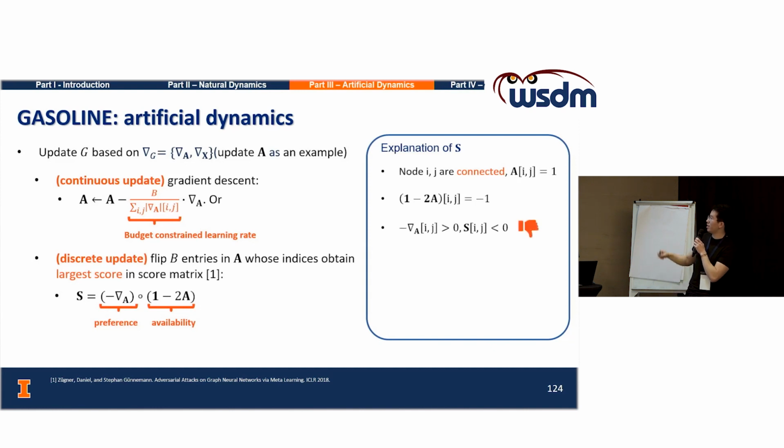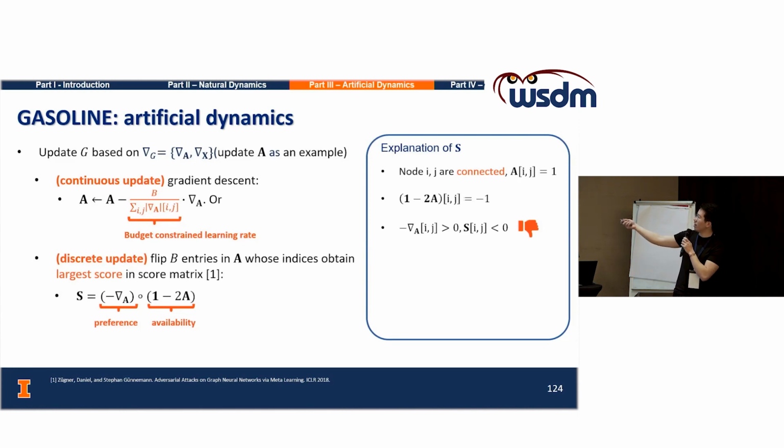And at the same time, if our framework thinks that the negative hypergradient is larger than 0, that means the model believes node I and node J should have some links added between them. But that's not good, because node I and node J are already connected, so we cannot add more links between them.